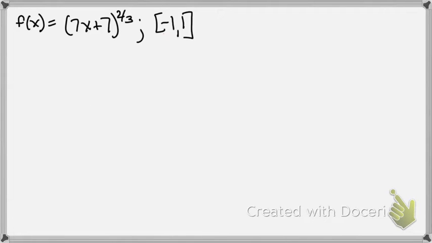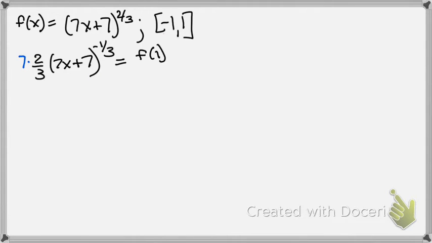So actual derivative equals estimated derivative. Actual derivative: 2/3, leave the inside the same, subtract 1, times the derivative of the inside, which is 7, and I'll smush that out in front and eventually turn that into a 14. That has to equal the estimated derivative, f of 1 minus f of -1, all over 1 minus -1.